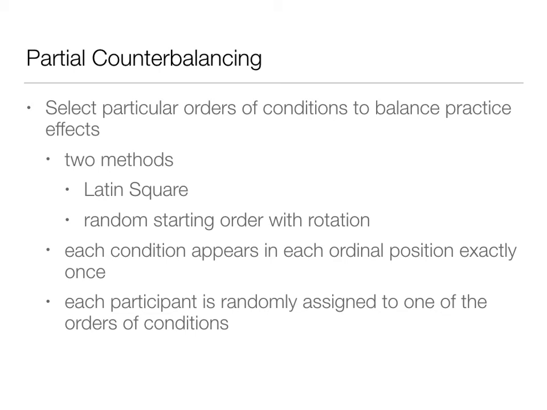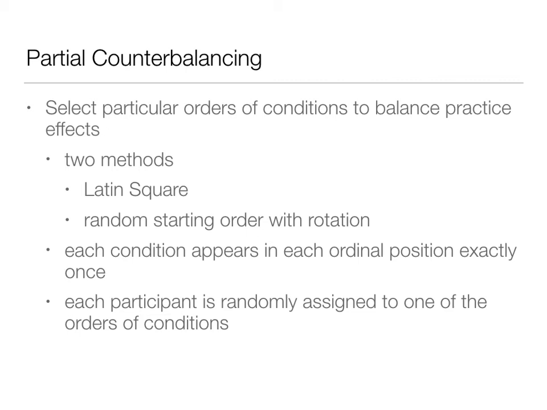So instead of having to do 120 orders or 720 orders, we can do a subset of that with either Latin square or random starting order with rotation. Again, the important thing here is that each condition appears in each ordinal position, first, second, third, fourth, fifth, sixth, whatever, exactly the same number of times. And that will vary depending on how many participants you have and how many orders you have as well.